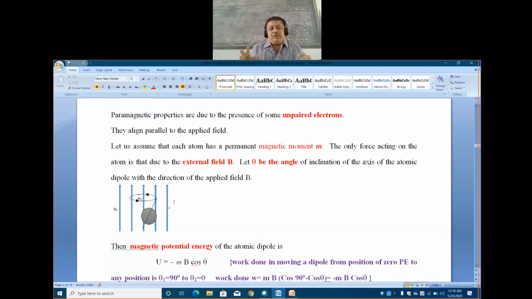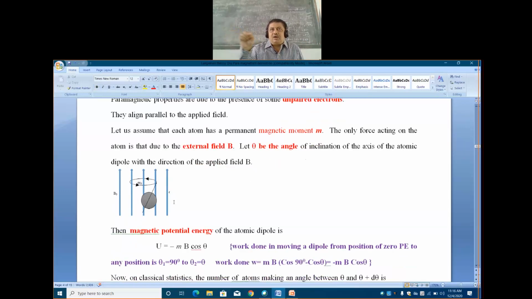Now, because of the presence of the external field, there is a magnetic potential energy. The magnetic potential energy of this dipole is given by, in some books E, but here we are using the symbol U. E is also energy, U is also energy. So the magnetic potential energy U is equal to minus mB cos theta.